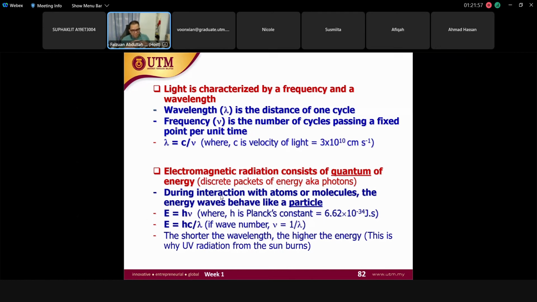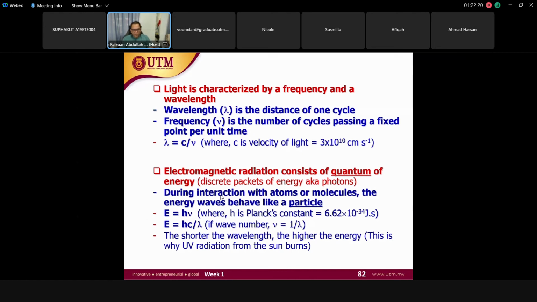E equals h nu, where h is the Planck constant, or E equals hc over lambda, or E equals hc times the wave number, which is 1 over lambda.